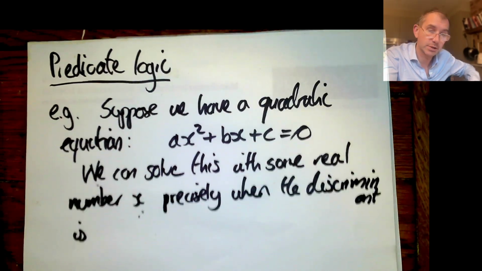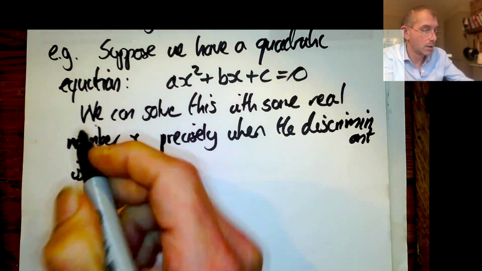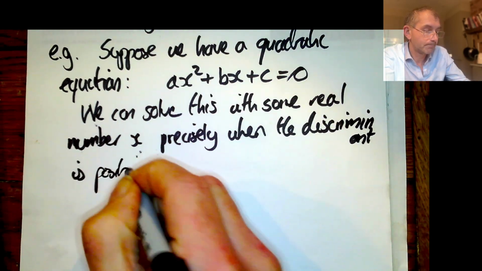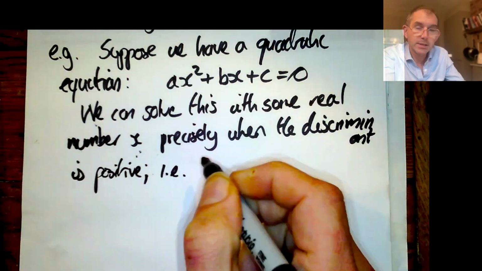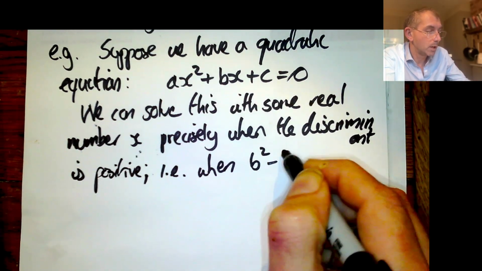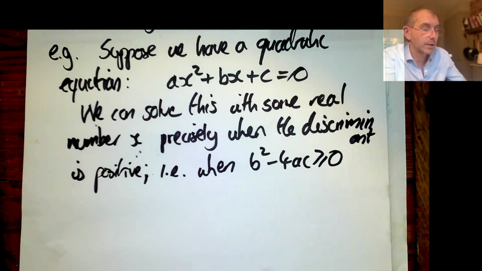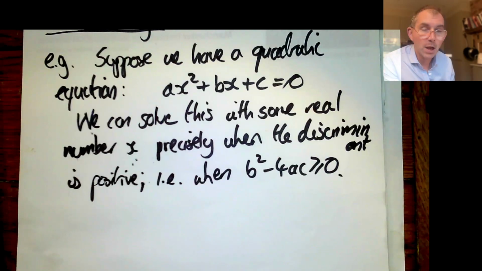So it could be strictly positive or it could be 0, but as long as it's positive. So what is the discriminant in this case, i.e. when b squared minus 4ac is bigger than or equal to 0. Okay. So hopefully this is a reasonably intelligible sentence about mathematics, but written in terms of English.